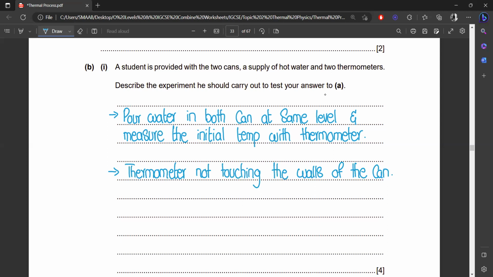The can with low temperature radiates energy very quickly, so its temperature decreases, right? So next we have to observe the change of temperature.